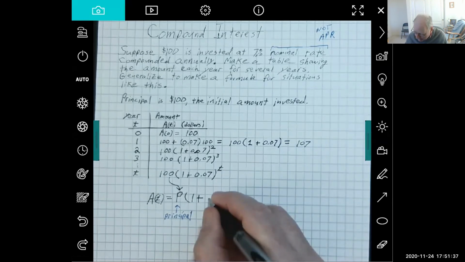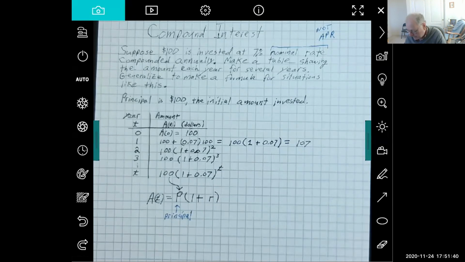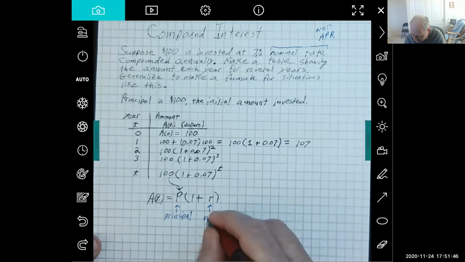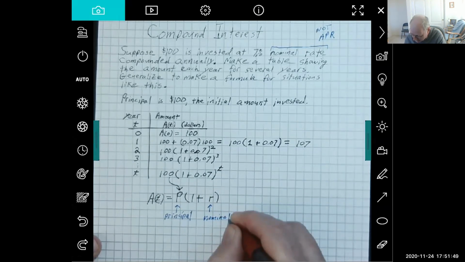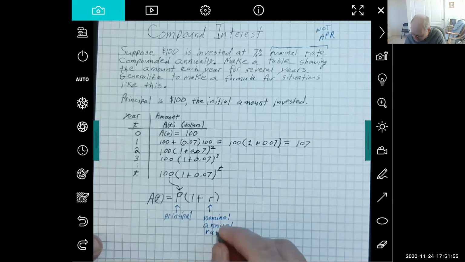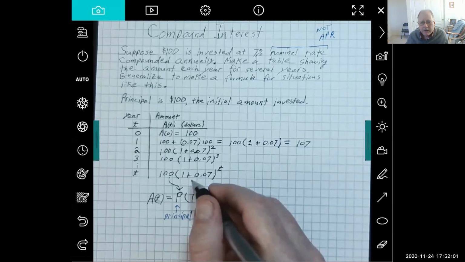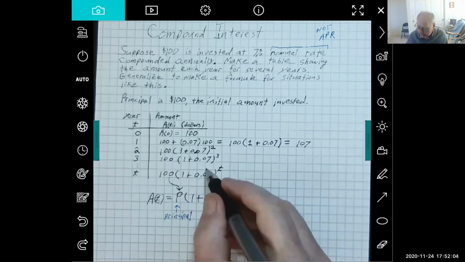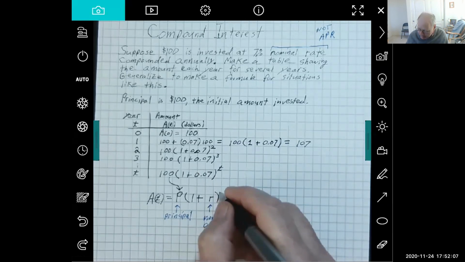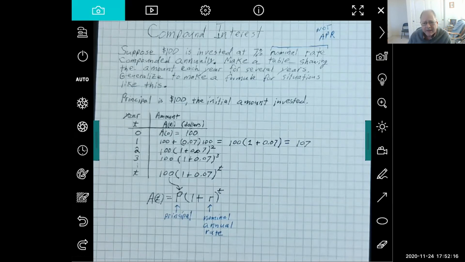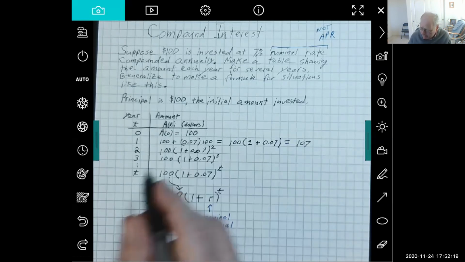I'm going to call it R. And then I'm multiplying by that 1.07 repeatedly. Multiply once every year. And so I've multiplied t times. So there, for annual compounding.